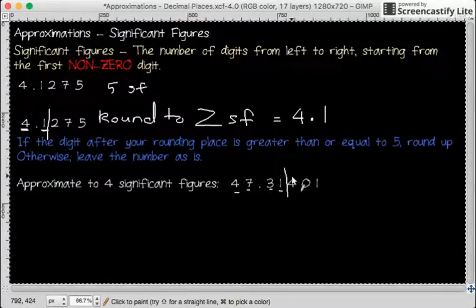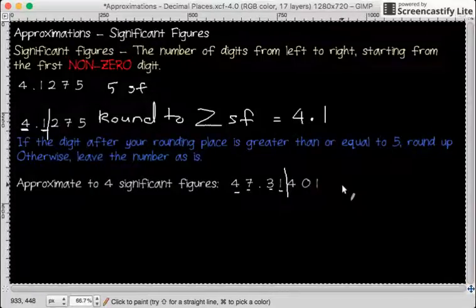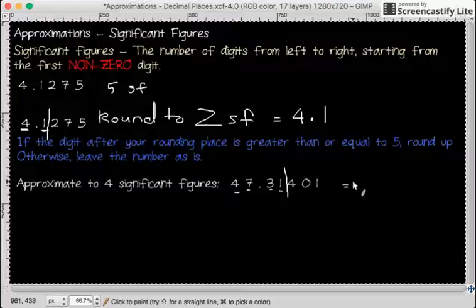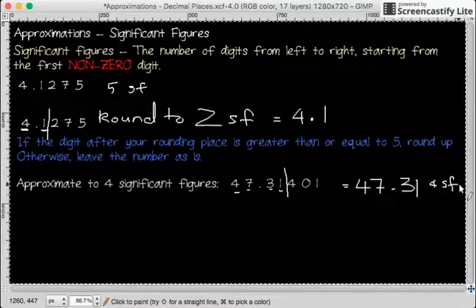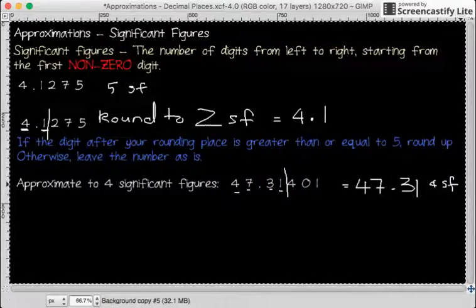This is lower than 5, so that 1 remains the same. So this becomes 47.31. And that is to 4 significant figures.